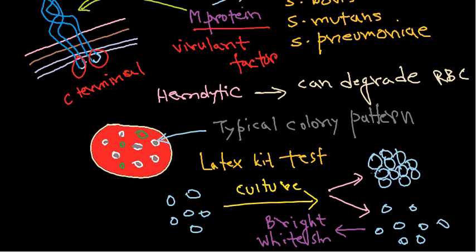Agglutination means the test is positive, and non-agglutination means the test is negative. Now a positive test means that the bacterial culture we use is Streptococcus, right? So if this occurs, we'll say that yes, the culture we used is Streptococcus.